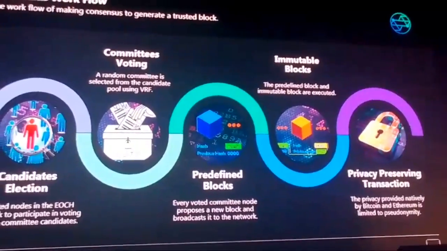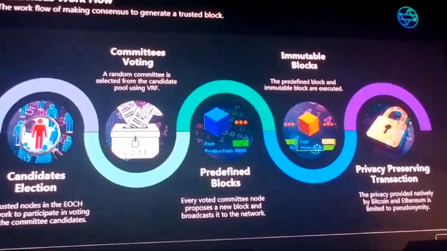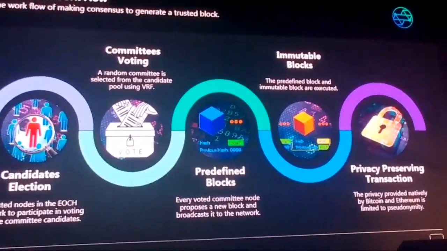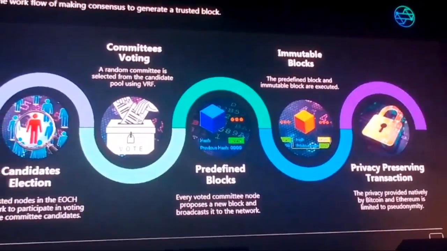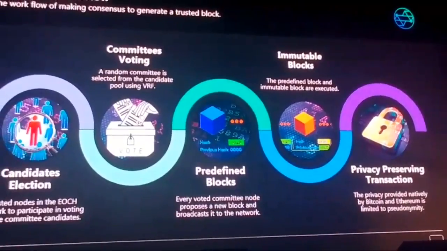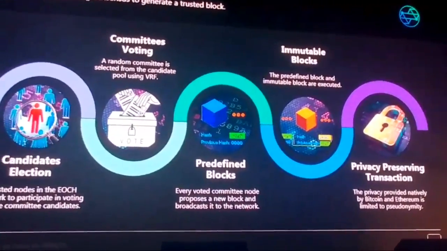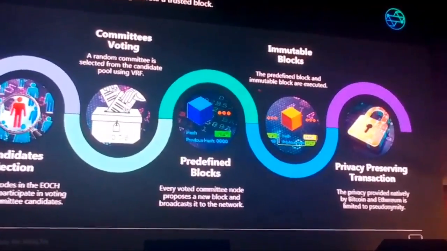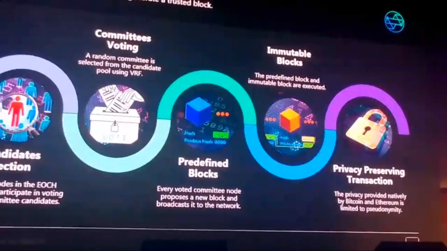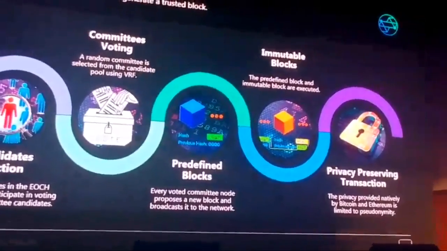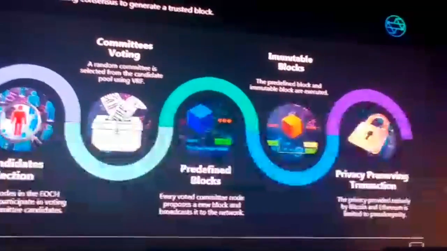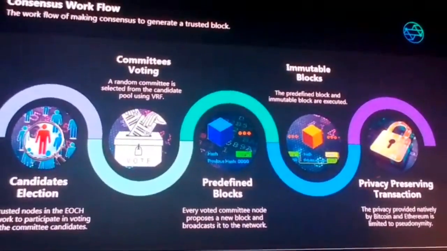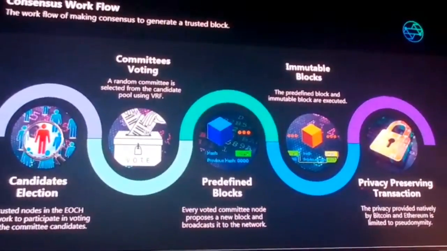And then once you have predefined blocks, every voted committee node process will propose a new block, and it's going to broadcast to the network. Once the predefined block is there, it will create the immutable block, and all these will be executed. So eventually, we are going to have this transaction. All right, the transaction will preserve the privacy of the patient.